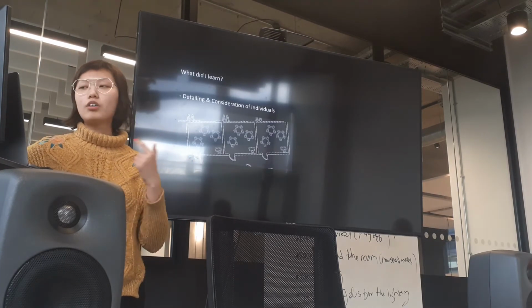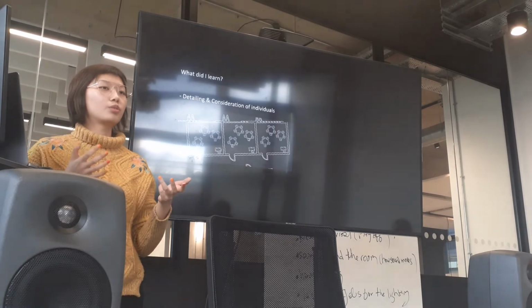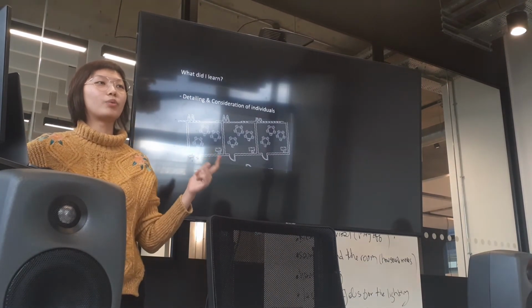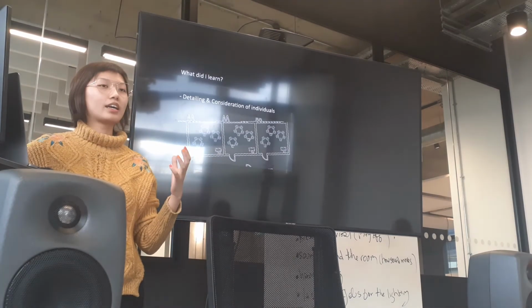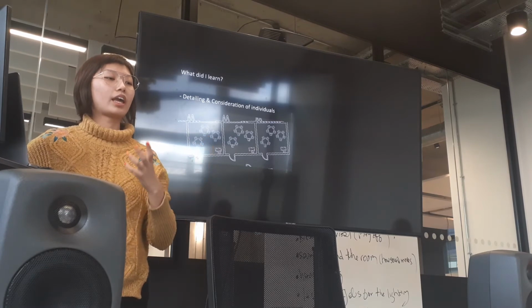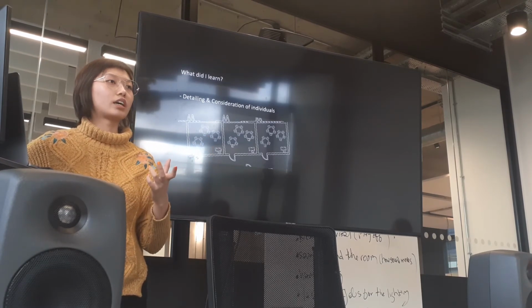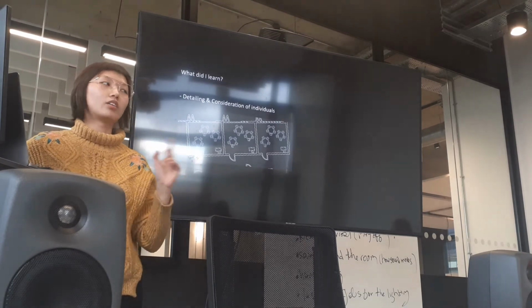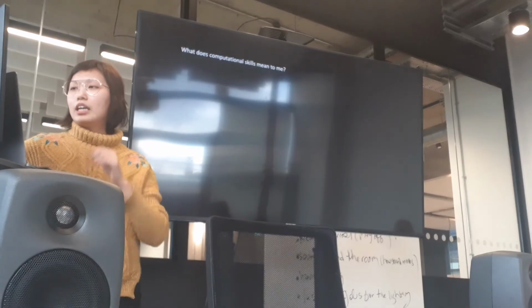So going through this process, and also why I'm really interested in Phoenix's stuff, is because I may be able to really consider what I can do with details, with all these positions.